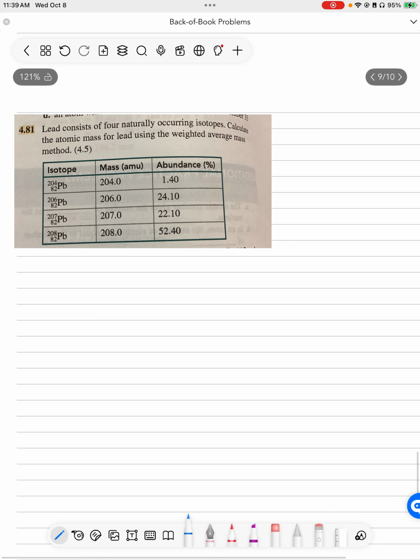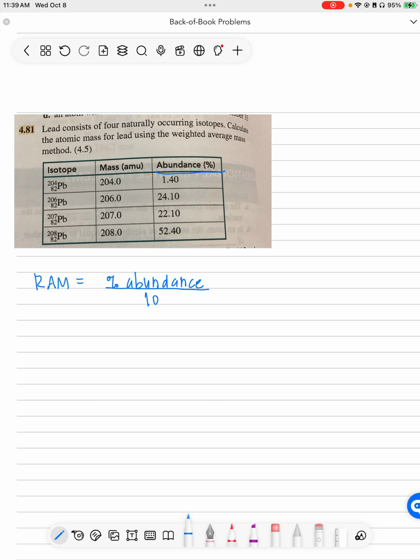Okay, so all that we have to know from this is that our relative atomic mass, or RAM, is going to equal the percent abundance, which we see right here, divided by 100, times the mass of that isotope.